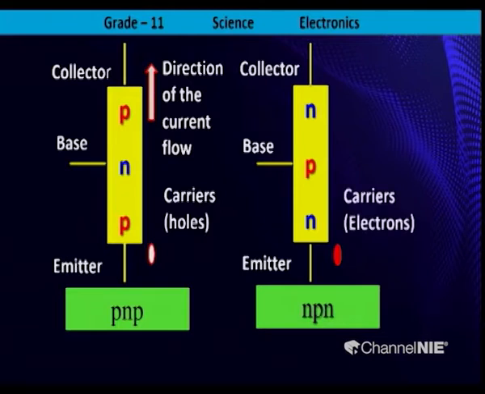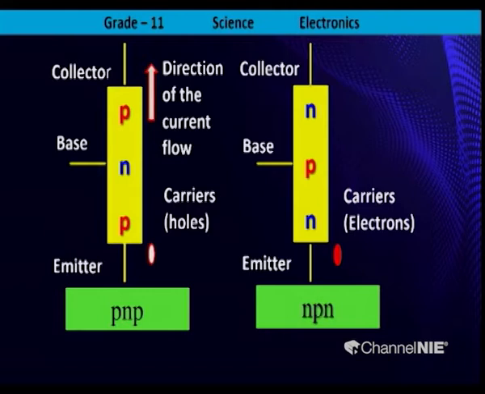When we focus our attention on the Npn transistor, electrons act as the charge carriers. Why do I say so? As you can remember, N-type semiconductors are made up of by doping large number of free electrons.